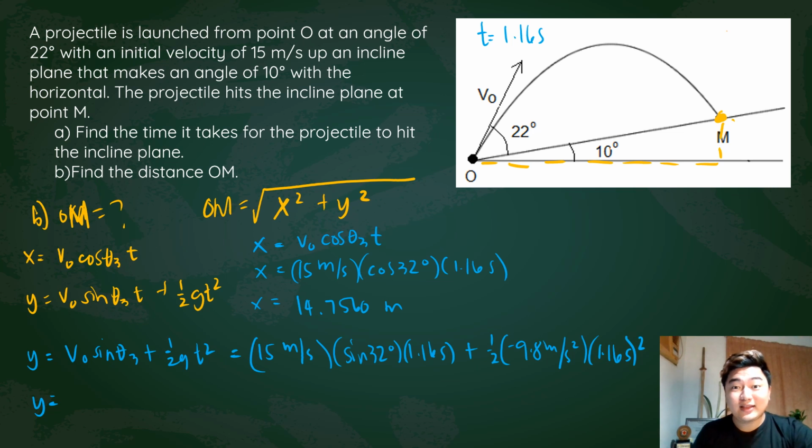Putting that all in your calculator, that's 15 sine 32 times 1.16 plus 0.5 times negative 9.8 times 1.16 squared.